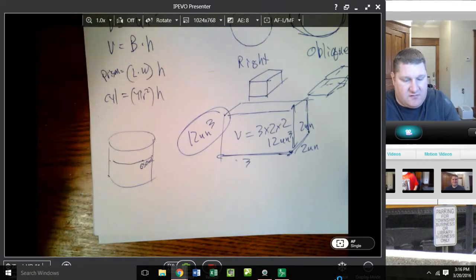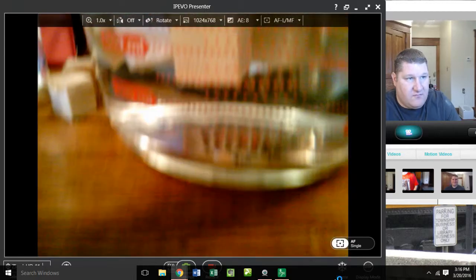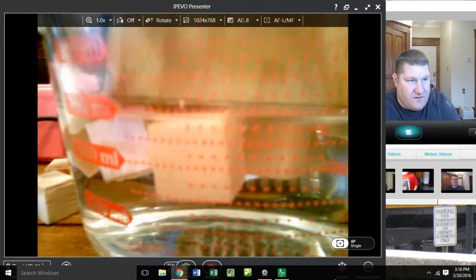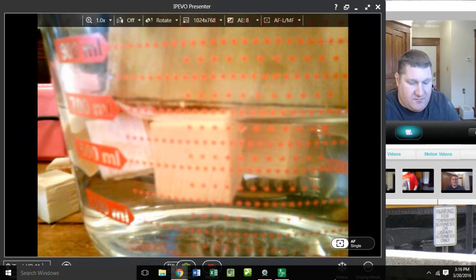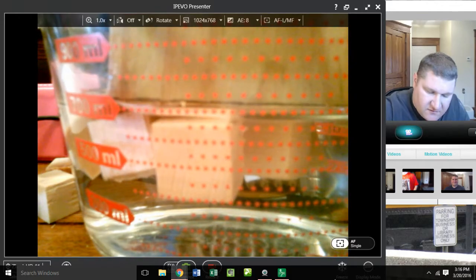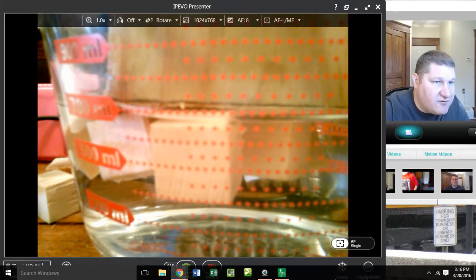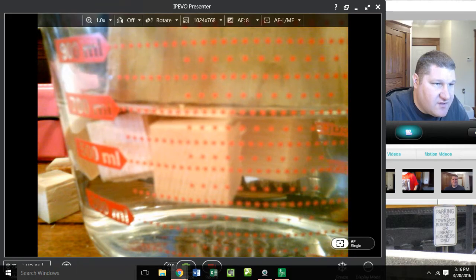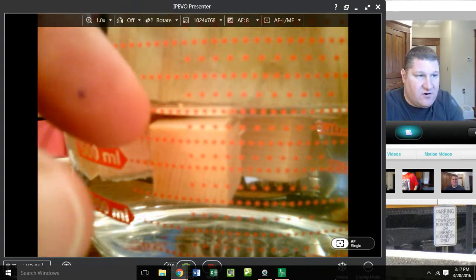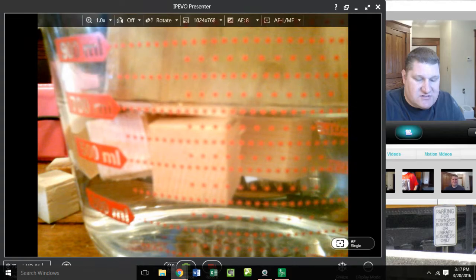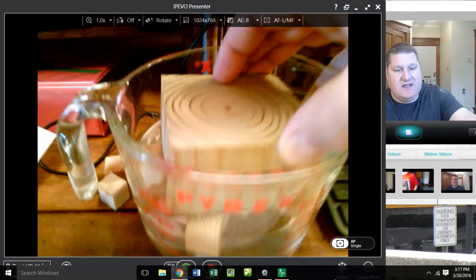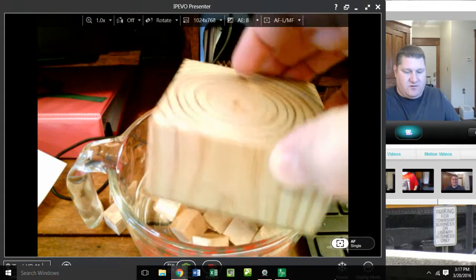Now if I take a look, the water level has gone up definitively to just about 700. By putting the blocks in the water, I've raised the level of the water because every one of those cubes displaces a certain amount of water, and so it allows us to take irregular shapes and measure their volume.